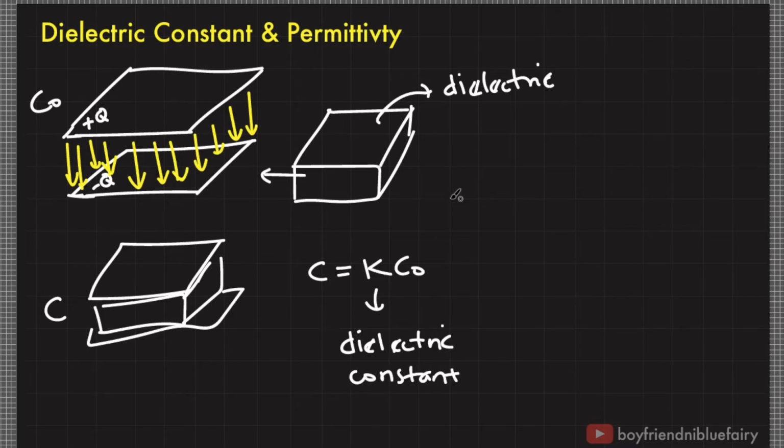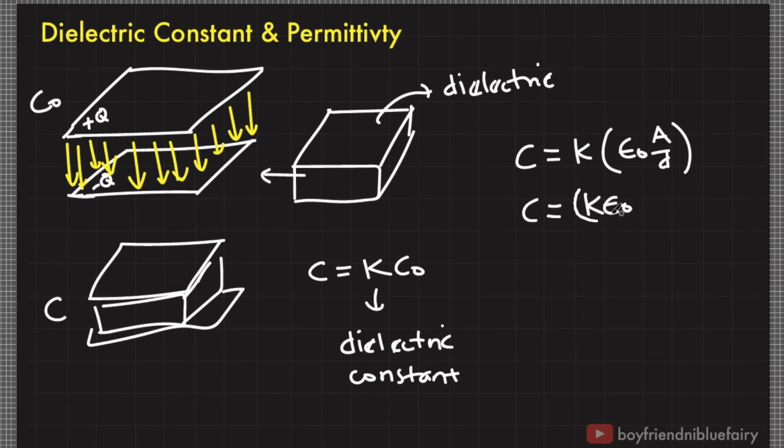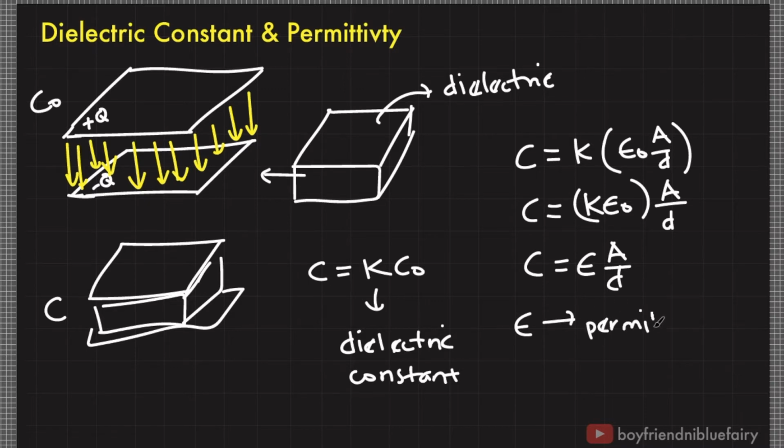Now notice that if I plug in the equation for capacitance in a vacuum here, I'll end up with epsilon naught A over D. And if I regroup the constants here, we could label this group of constants as C equals epsilon A over D. We have a special name for this epsilon, and it's called permittivity.